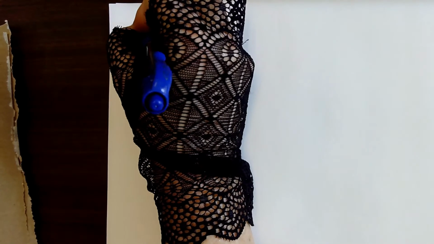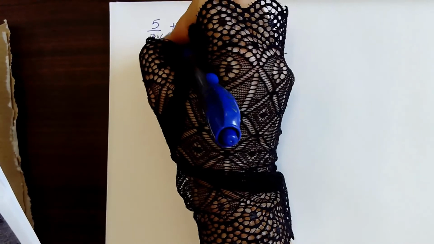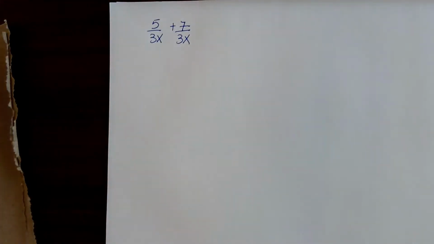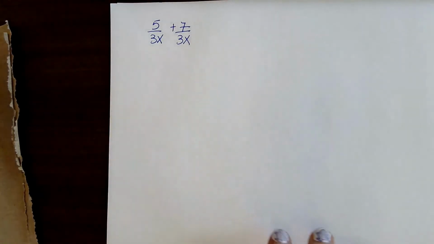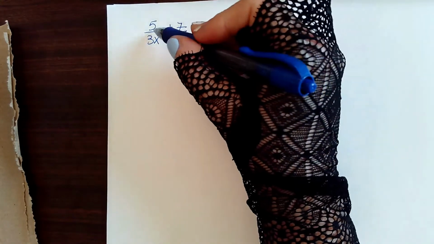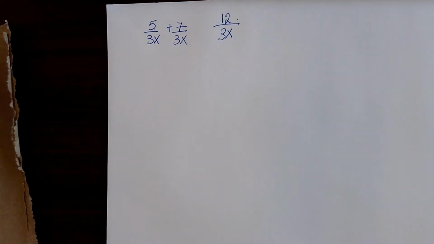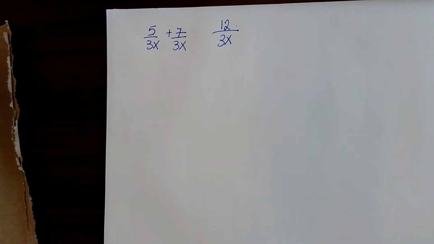So 5 divided by 3x plus 7 divided by 3x. The fact that they have the same denominator means it's going to be over 3x, and I'm going to add 5 plus 7, which is 12. So it seems real simple, but hopefully you wouldn't keep your answer like that, because if it was out of 5, I would give you 3 out of 5, but you would not get 5 out of 5 because you can simplify.